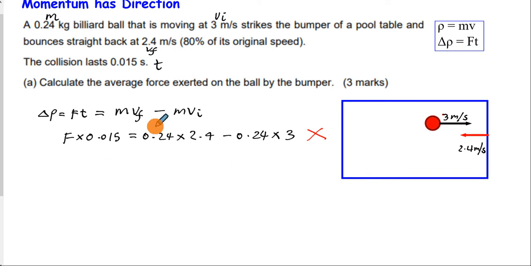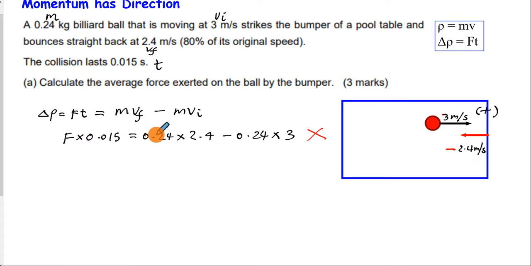The reason is momentum is a vector. Momentum has direction. So when the velocity changes, the momentum also changes direction. If you are defining the first velocity going to the right as the positive direction, then your second velocity is actually a negative velocity. So you have to put a negative sign in front of the second velocity to be accurate about the calculation.